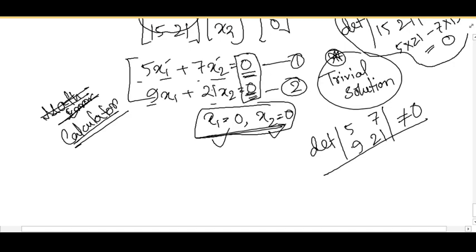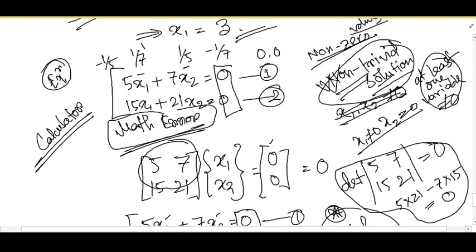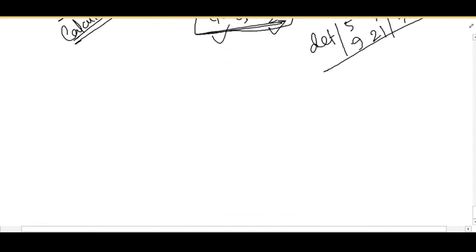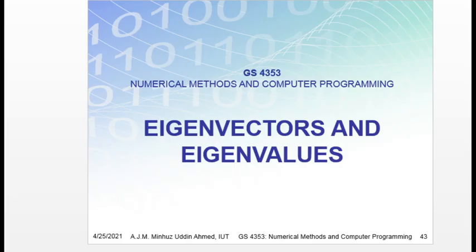First of all, this is the first thing. Then if the determinant is not equal to 0, then you can say this is the trivial solution, that is all of the variable values will be equal to 0. And if the determinant is equal to 0, then you can say that a non-trivial solution also exists. Okay, so I'll be giving you the interpretation where we are using this thing, eigenvalues and eigenvectors.